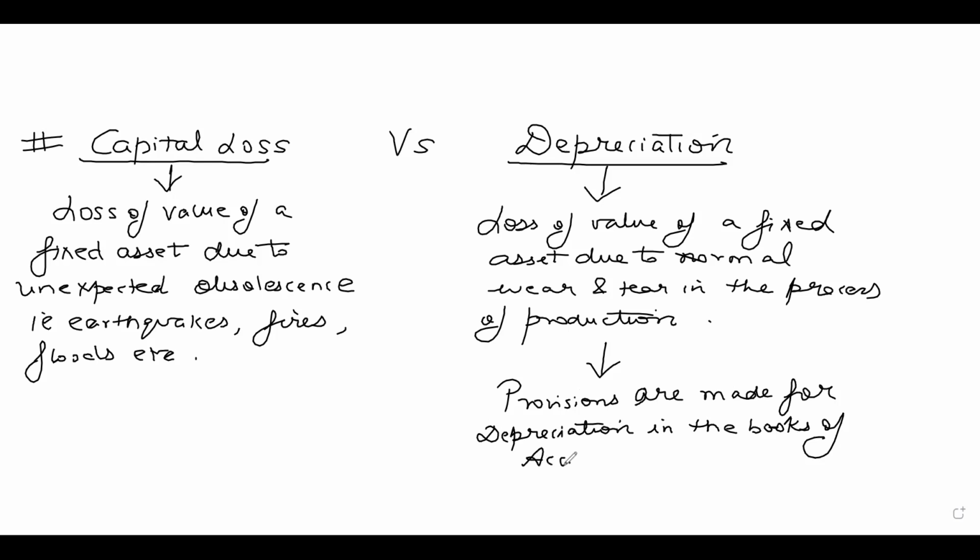Now, students who have accountancy know this very well. All companies or businesses make provisions for depreciation. That means they take into account the fact that their physical assets will tend to depreciate over the course of the accounting year. They make provisions for that.